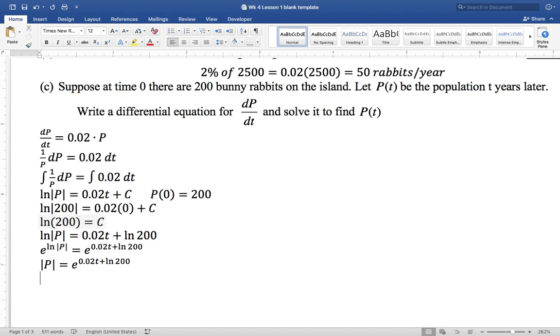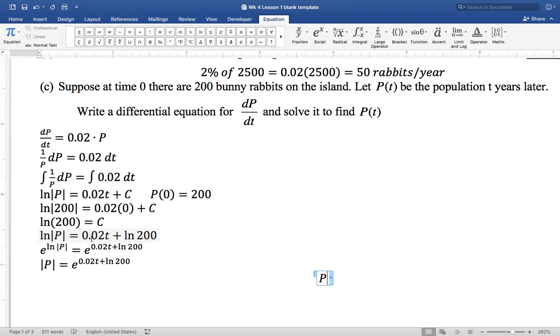Or to put it a different way, you can drop the absolute value bars, but then you have to slap a plus or minus on the other side of the equation. So the absolute value of p being equal to this expression really means that capital P is equal to plus or minus e to the 0.02t plus ln 200.